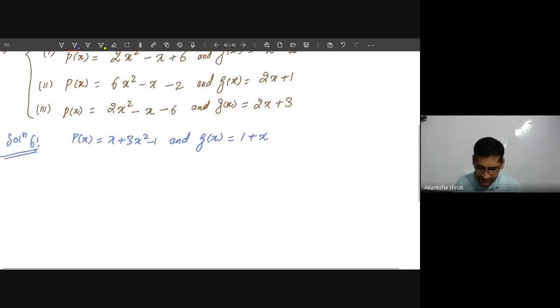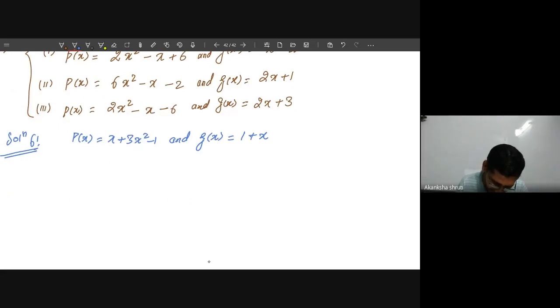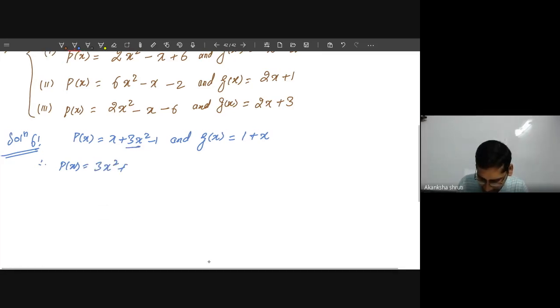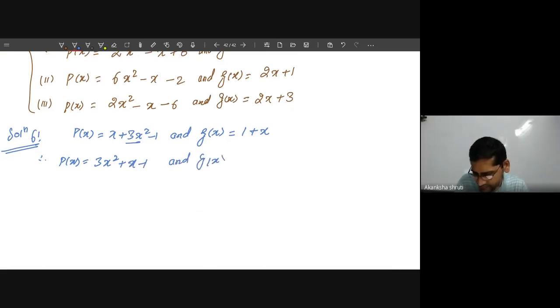Students, the first step is to rearrange this. So we can write the highest power 3x square first: 3x square plus x minus 1, and then this gx as x plus 1.